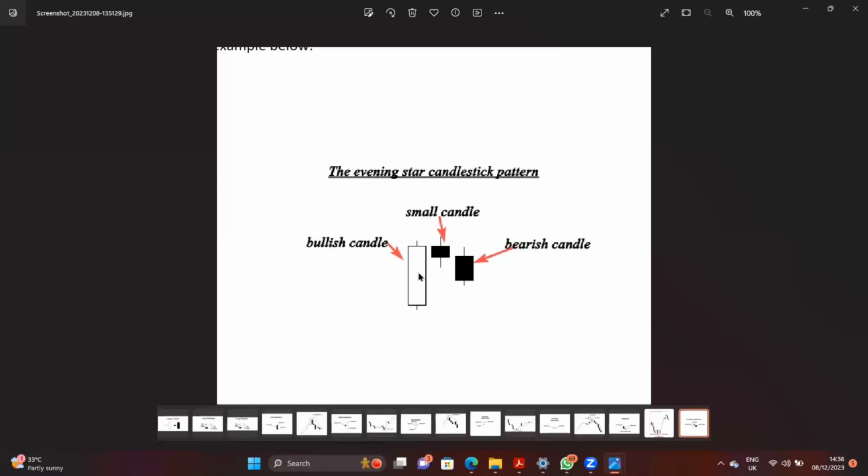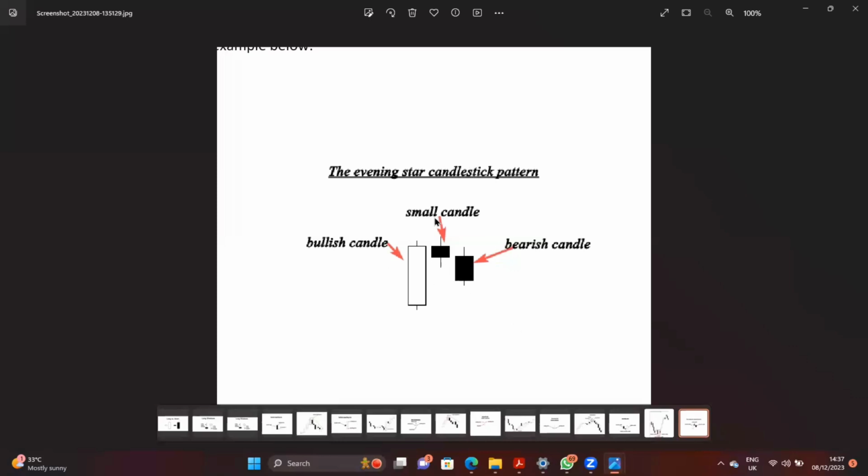So right now, everything is just going all right. The formation of the small body shows that buyers are still in control, but are not as powerful as they were, right? So this means low activity, okay? So the third bearish candle indicates that the buyers' domination is over, right? And a possible price trend reversal is likely to happen.